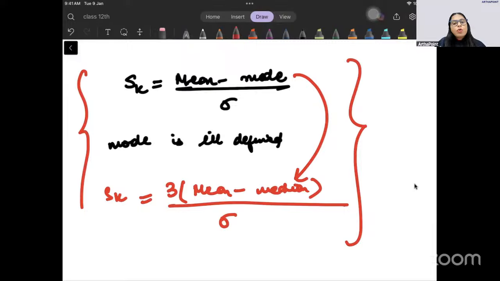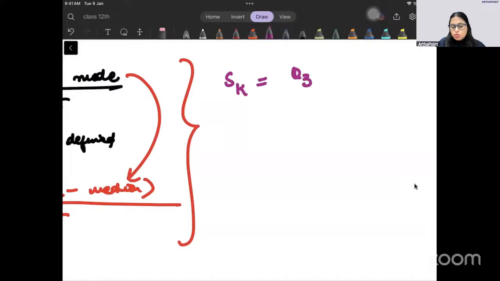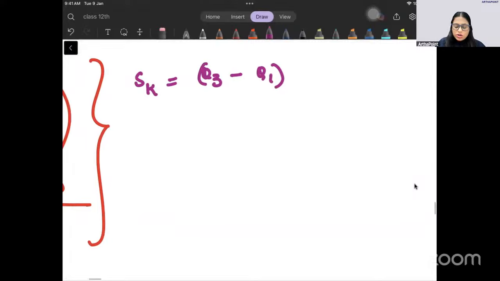उसके बाद Bowley also gave the coefficient of skewness and he gave it based on the quartiles, right? So according to him, skewness is Q3 plus Q1 minus 2Q2. ठीक है, इसको actually I have summarized it.